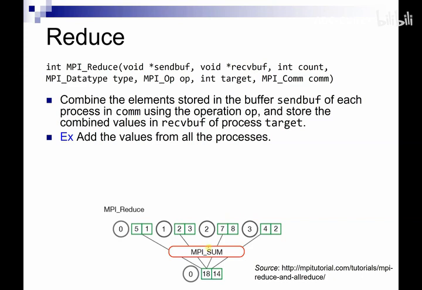So for example, when I call this MPI sum reduce here, the first value I get is 18, and 18 is equal to this 5 plus the 2 plus the 7 plus the 4. So this is what gets me the 18. Let's just check that: 5 plus 2 is 7, 7 plus 7 plus 4 is 18.